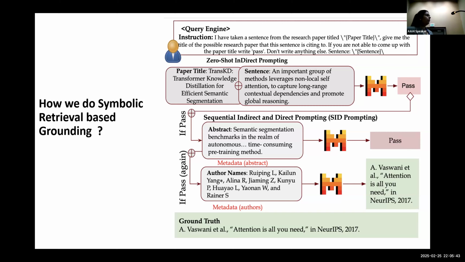Why author names? Because the author names will make sure that it is the right paper: the author names should also match for this abstract, so that it is not semantically the same as another abstract. So that's why we add another metadata layer of authors, and then we were able to get our ground truth for the given sentence.